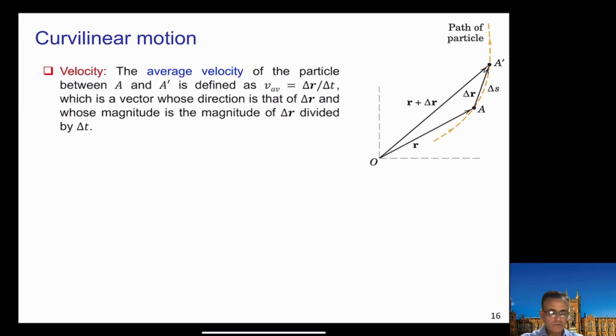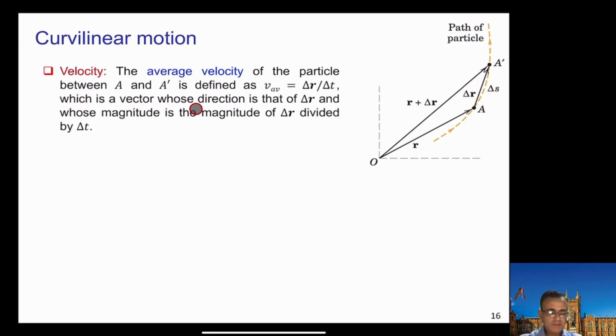Now you can define velocities here. The average velocity of a particle between A and A dash is defined by this equation. You divide delta r, not delta s, which is the displacement, by delta t, which is the time taken when the particle moved from A to A dash.